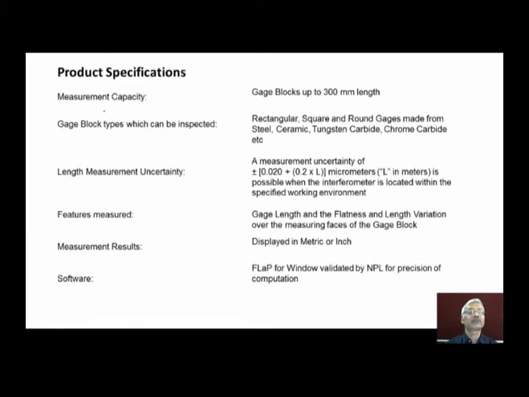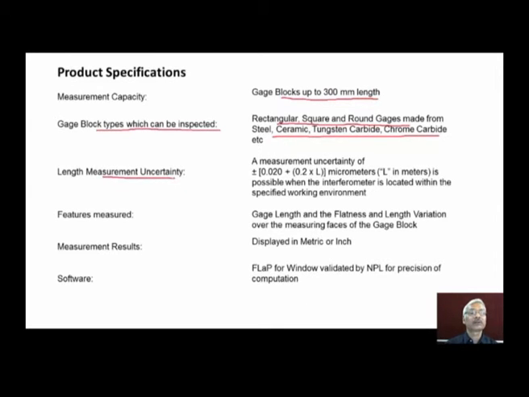The measurement capacity of the interferometers are gauge blocks up to 300 millimeter long blocks can be loaded into the interferometer for measurement purpose. Gauge blocks which can be inspected are like this: rectangular, square, and round gauges made of steel, ceramic, tungsten carbide, chrome carbide can be inspected with these interferometers.